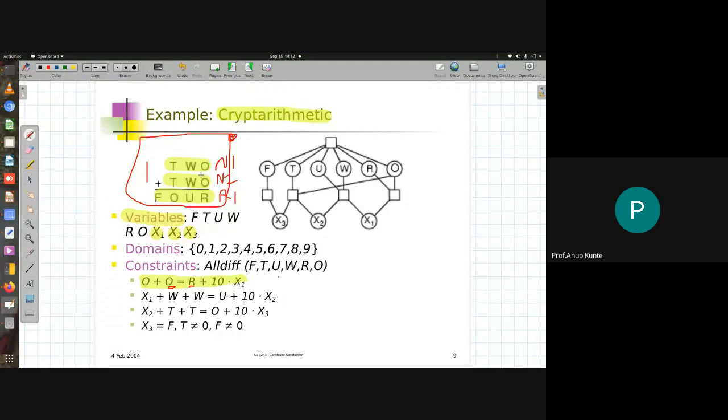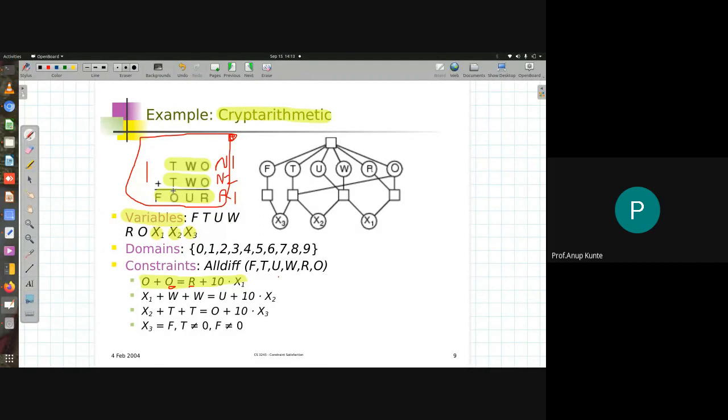Maybe this is how any cryptarithmetic problem would look. There would be certain operands on which certain operator, especially an arithmetic operator, is applied, and you get a result out of it. But the catch in this problem is that all the operands as well as the resultant are in encrypted form.